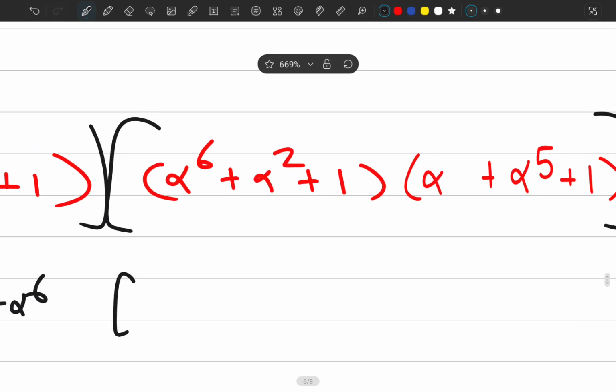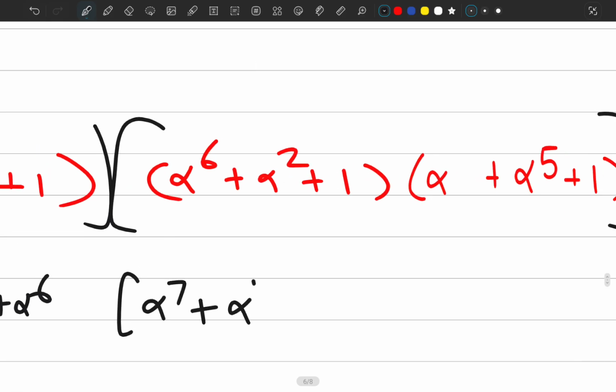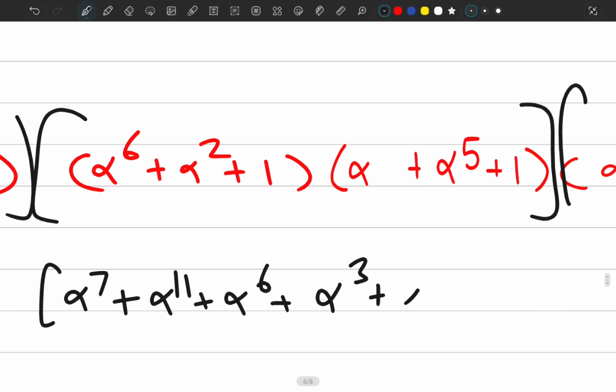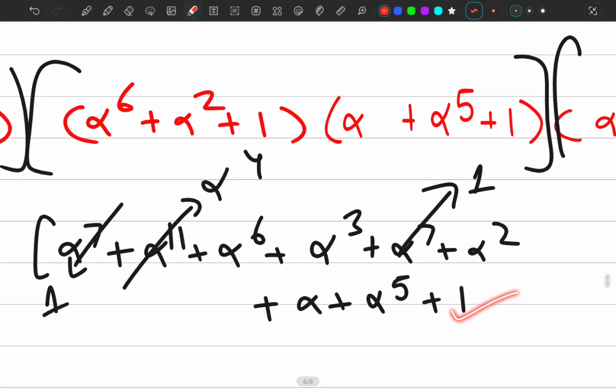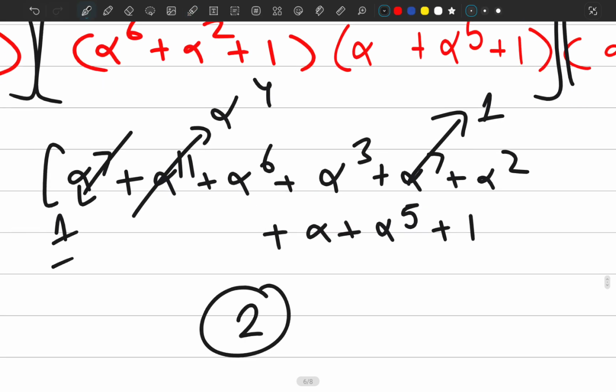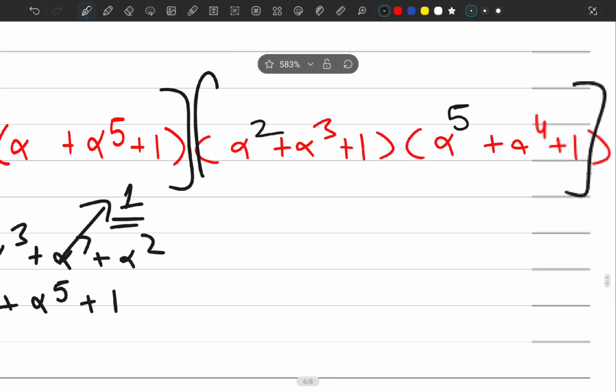Similarly, for this we have alpha 7, alpha 11, alpha 6, alpha cube, alpha 7, alpha squared, alpha 5, and 1. Okay, we have 1 here and 1 here, and this will give us 4. So we have 1, alpha, alpha squared, alpha to the power 4, alpha to the power 5, alpha to the power 6, also. So this also gives us this one and this one.